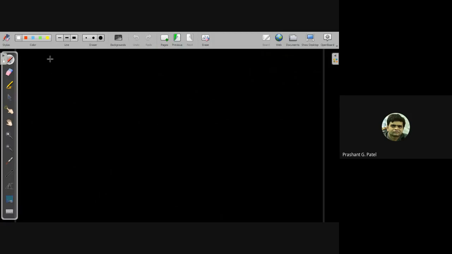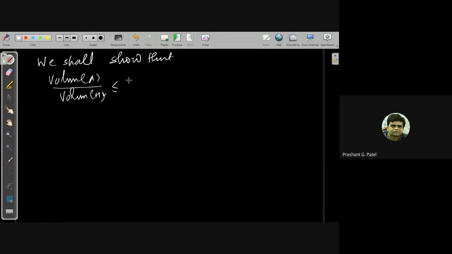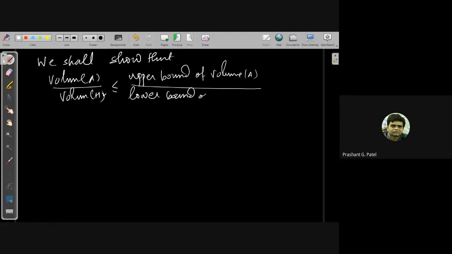So we shall show that the volume of A upon the volume of H, as I said, is less than or equal to the upper bound of the volume of A upon the lower bound of the volume of H, which is equal to 2 by c e power minus c square by 2.